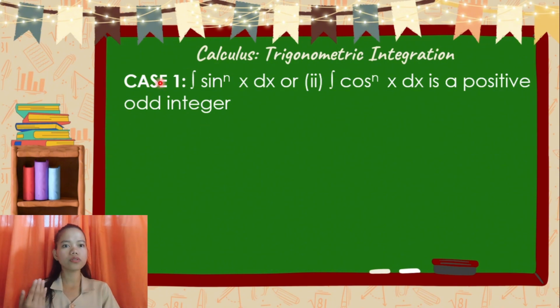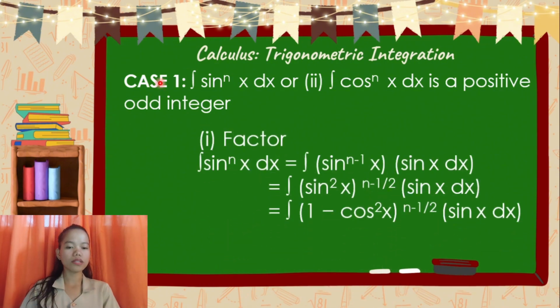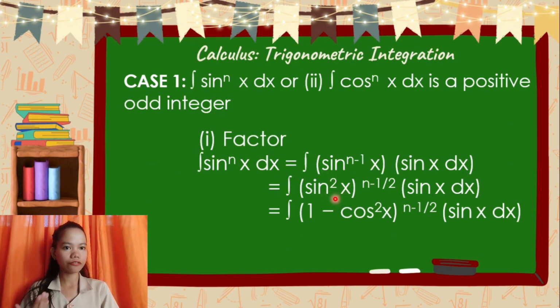So, how are we going to solve the case 1 rule? We have to factor out a single sine x dx. Therefore, the integral of sine raised to the power of n of x dx is now equal to the integral of the quantity sine raised to the power of n minus 1 of x, meaning the power of our trigonometric function is raised to an even integer, since we factored out a single sine of x dx.